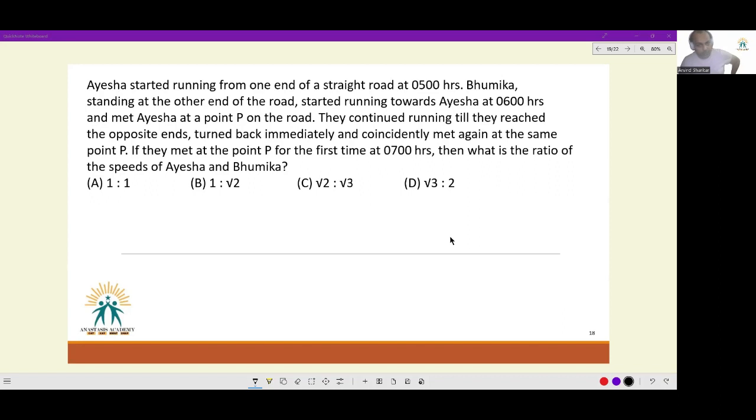They continued running till they reached the opposite ends, turned back immediately, and coincidentally met again at the same point P. If they met at point P for the first time at 0700 hours, then what is the ratio of the speeds of Aisha and Bhumika? Okay, the diagrammatic work.